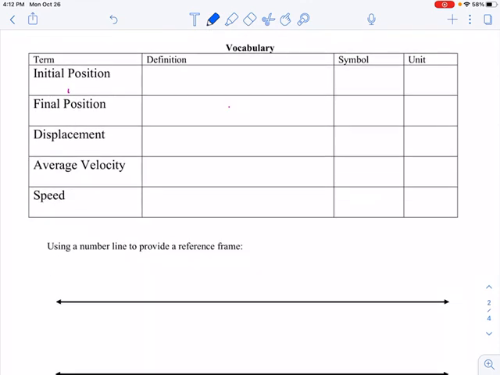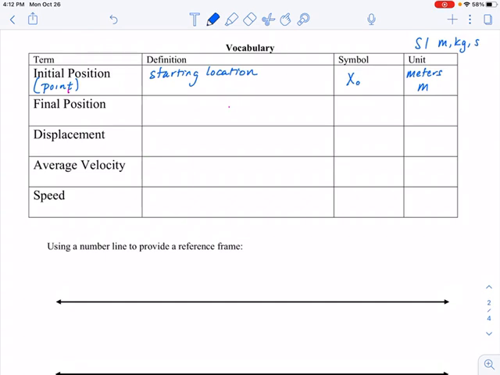Let's jump into some vocabulary. Initial position, then, is our starting location. And in geometry, we would define it as a point. It's zero-dimensional. It's just a point. The symbol for our starting location is x sub 0, and the unit that we'll measure it in is meters. This is the SI system, the Système International, in French, is meters, kilograms, and seconds.